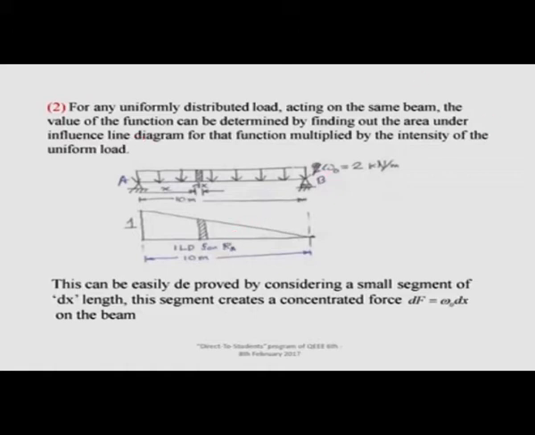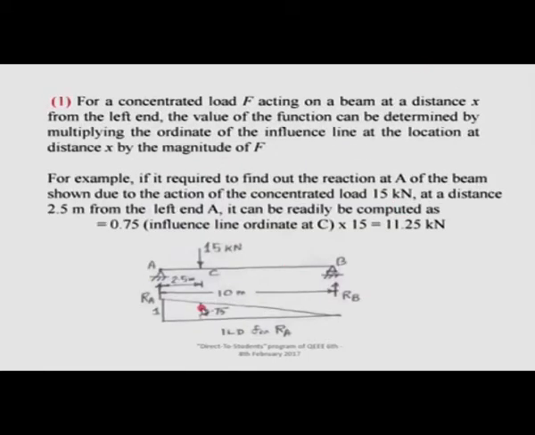For the concentrated load, it is the ordinate of the influence line diagram which will be multiplied by the load itself to determine the net effect. So, it is 15 multiplied by 0.75, which is the ordinate here, it will be 11.25, that is the reaction here when the 15 kilonewton load is here.